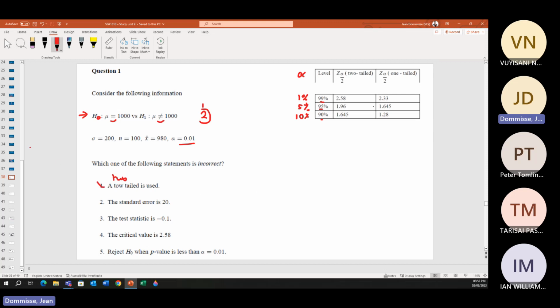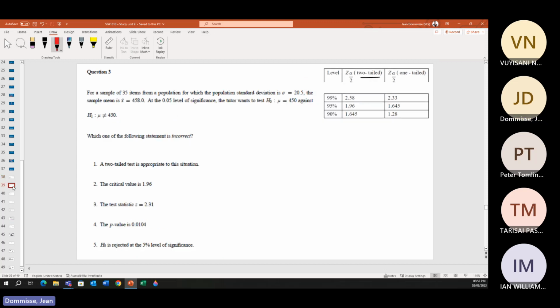But let's get into a pattern. So here we have question 3. Equal, not equal, two tail. Okay, so a two tail is appropriate.